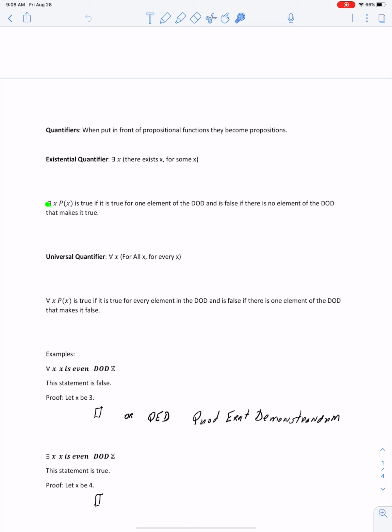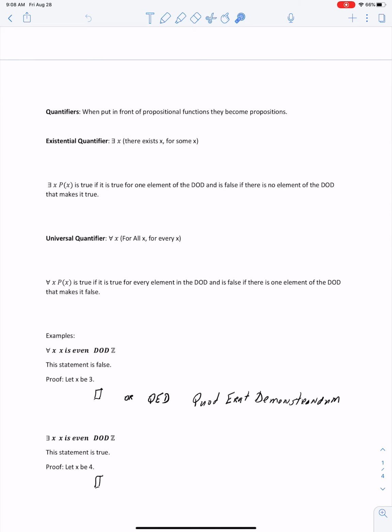An existentially quantified propositional function, on the other hand, is false only when no element in the domain of discourse makes it true.